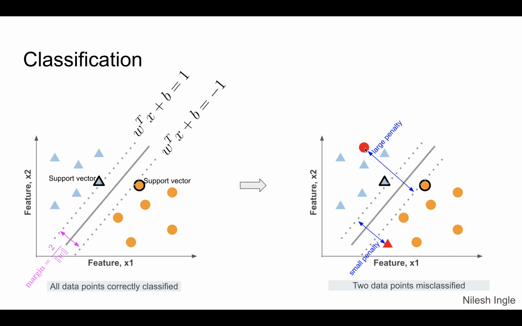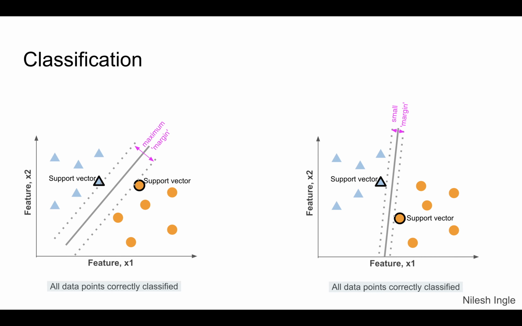Now before we look at the shape of those loss functions, let's look at this particular margin. The idea is to find a plane, a hyperplane, or a separation between two classes such that the distance between the closest points is as maximum as possible. And that's the maximum margin, and that is what we are looking to reach.